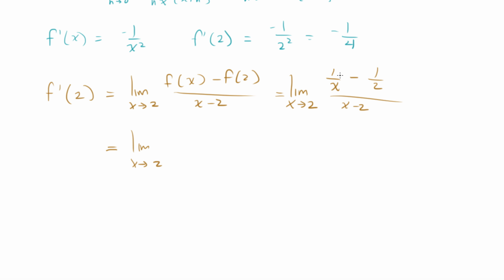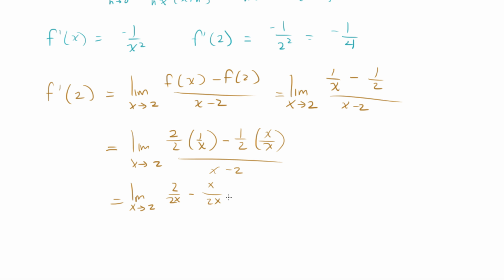So now, same concept, finding common denominators. So 2 over 2 times 1 over x minus 1/2 times x over x over x minus 2. So it's 2 over 2x minus x over 2x over x minus 2.